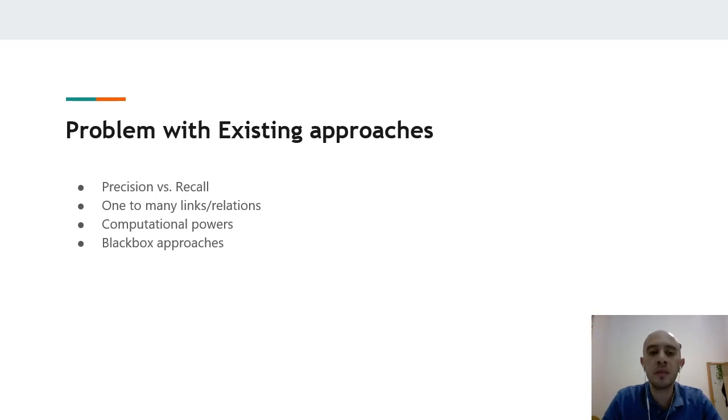The first problem is that the recall and precision in some of the studies are not considered to have the same importance, and they tend to think that recall is more important because in the end some experts will check these connections again to make sure that these connections are correct.